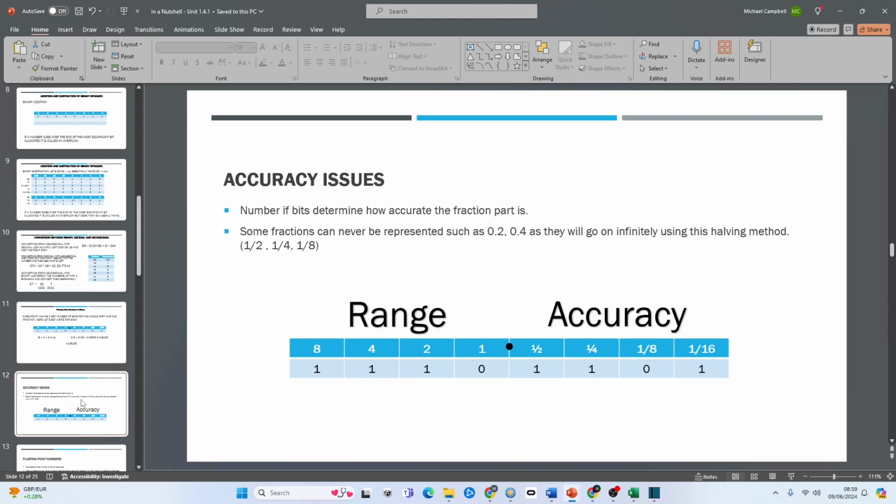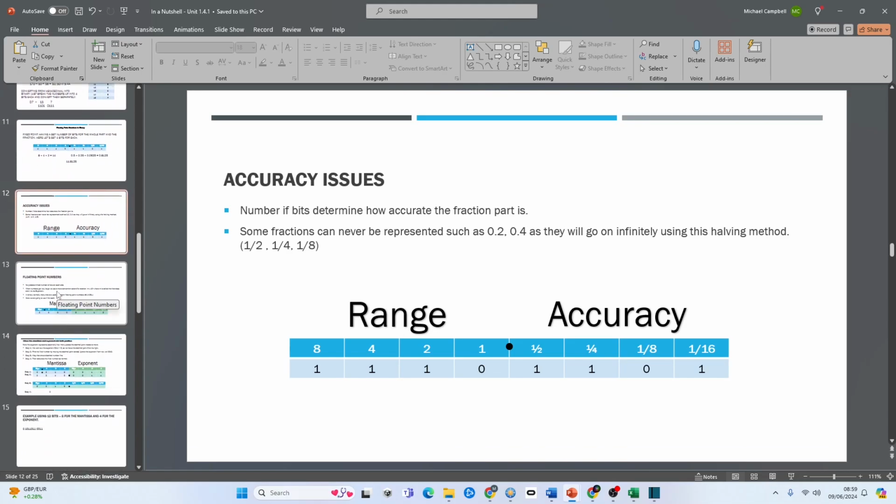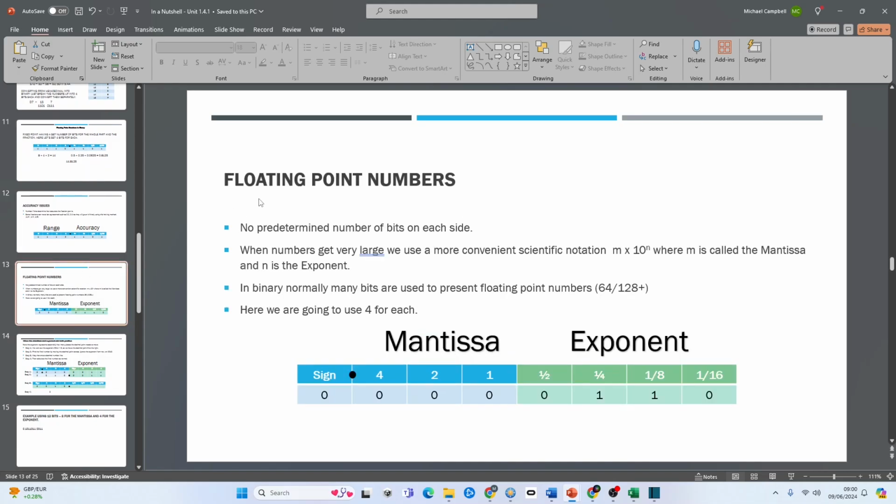Right, now that is one way, fixed point, but reality is computers actually use what's called floating point numbers. And there's no predetermined number of bits used, because it doesn't work that way. It's done very similarly to how it's done with scientific notation, where it's like m times 10 to the power of n, but of course it's 2.